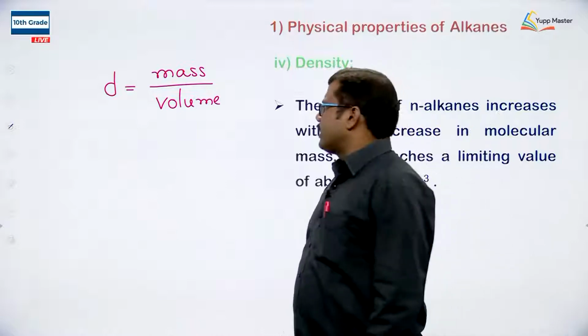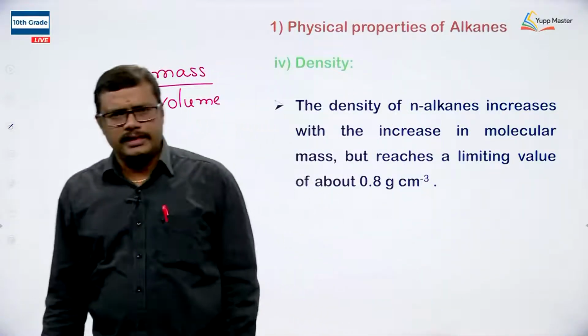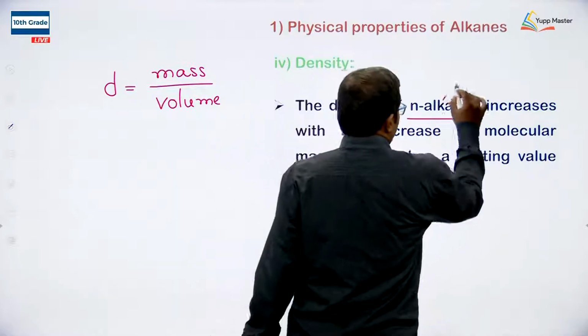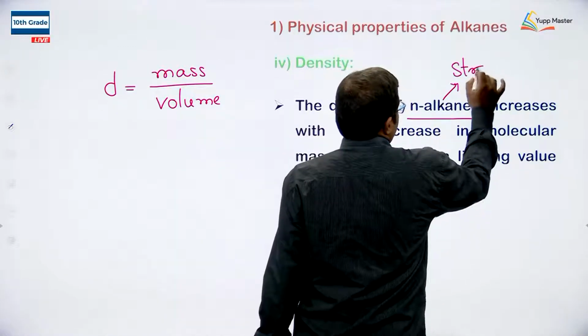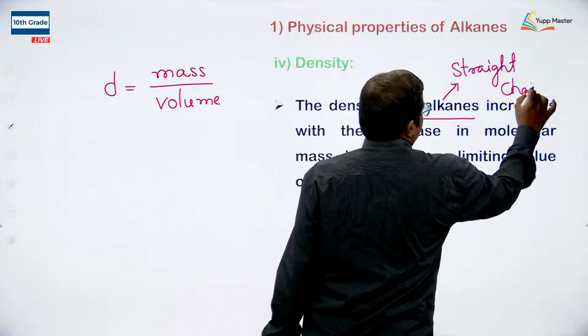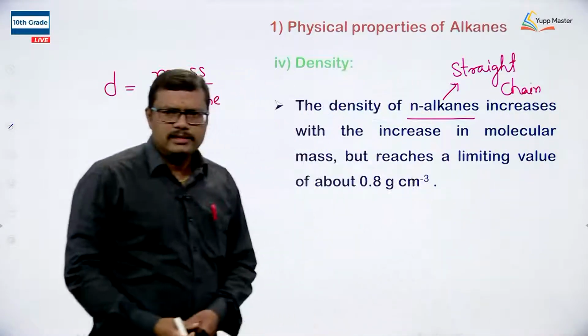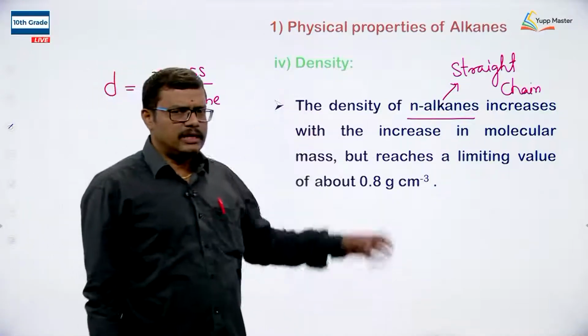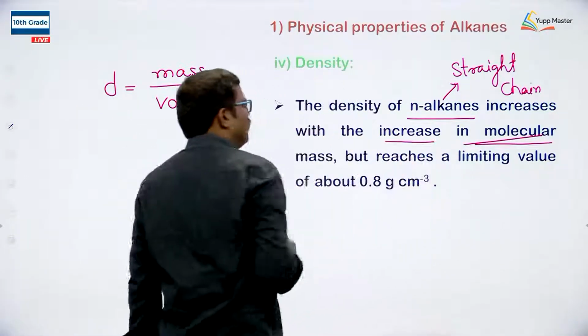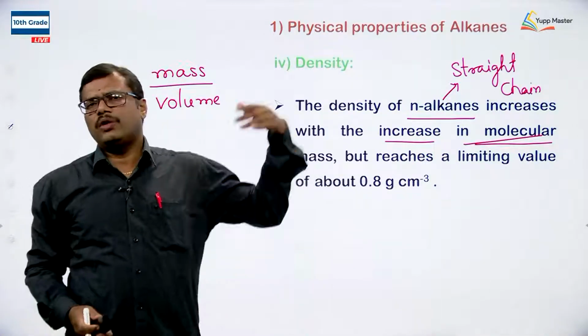So, in case of alkanes, if we are going to calculate the density of normal alkanes, meaning all the carbon atoms are present in a straight chain, then in the case of straight chain alkanes, when you compare the density with the increase in the molecular mass, density also increases.